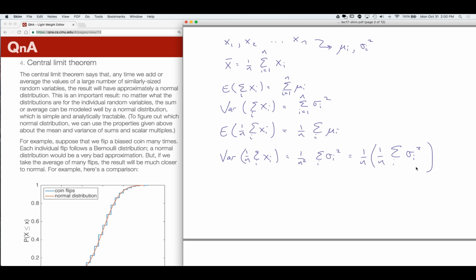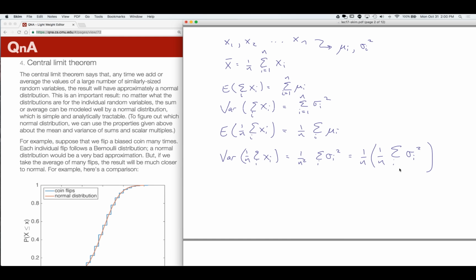Let's say all of the sigma i were equal, then this would be just sigma squared, constant, and this would be decreasing. So the overall variance would go down proportional to 1 over the number of terms in the average.